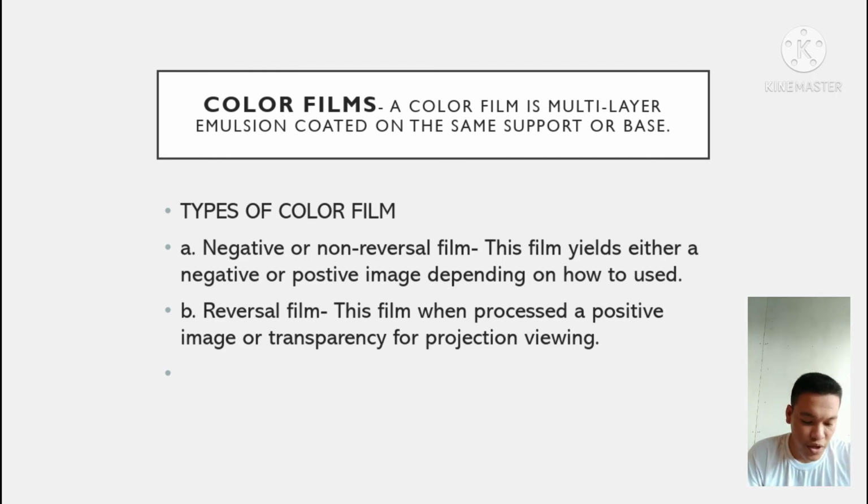The exposure in this layer is therefore made by green light alone. The bottom layer is sensitive to red light, but its sensitivity to green light is too slow to be noticeable. Hence, the exposure in this layer is made by red light alone.